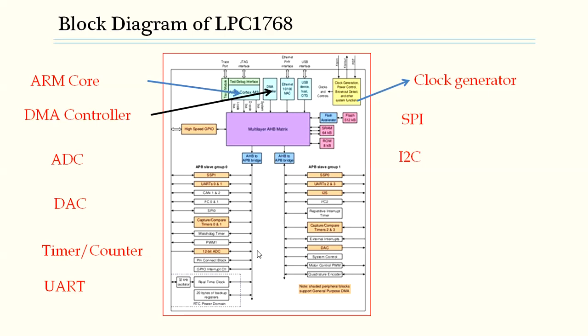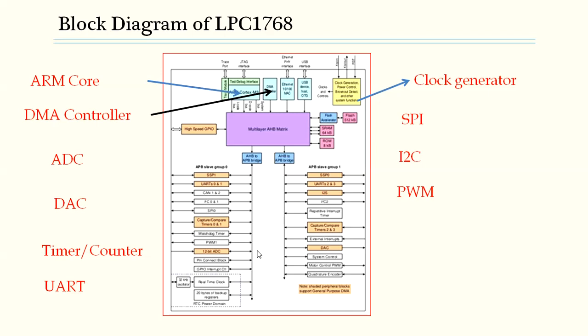So each device is recognized by a unique address and can operate as a receiver-only device, or it can be a transmitter with a capability for both reception as well as transmission of information. And I2C is a multi-master bus and can be controlled by more than one bus controller which is connected to it.